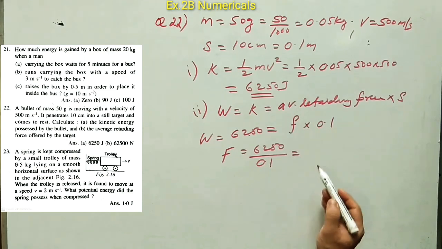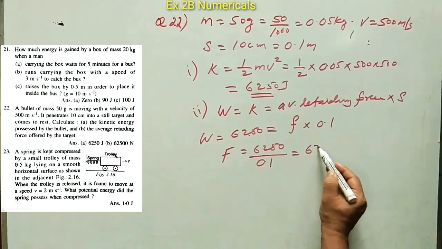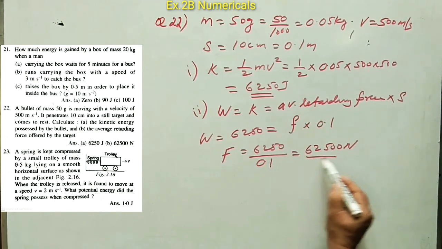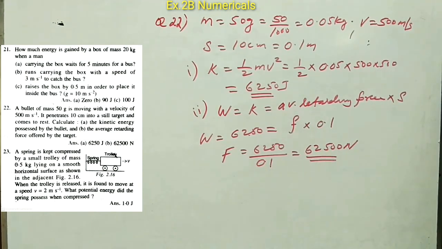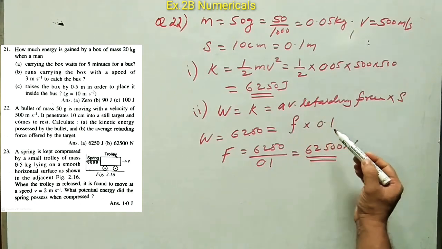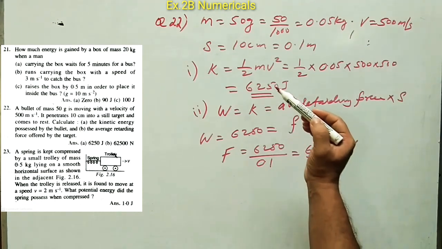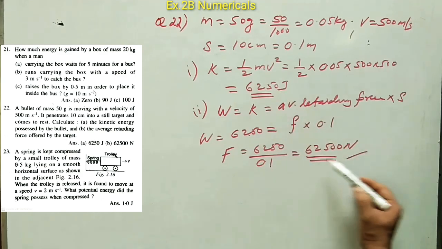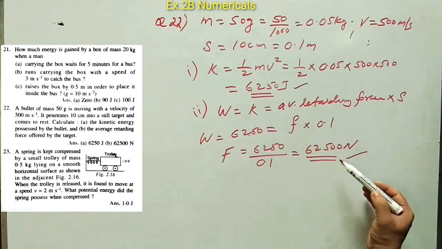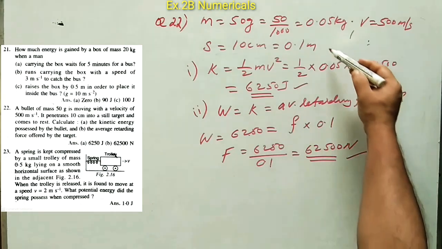So we are getting it as 62,500 Newton. Clear? So this is the retarding force or the average resistive force offered by the target to the bullet. Clear? So with the help of work energy theorem and the kinetic energy formula, we can solve these numericals. Clear? Steps are clear to you?